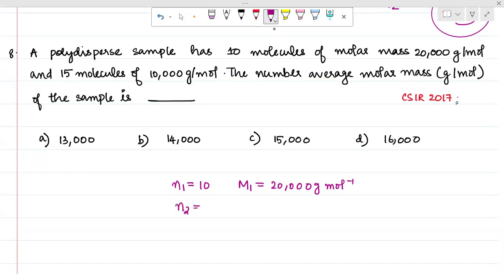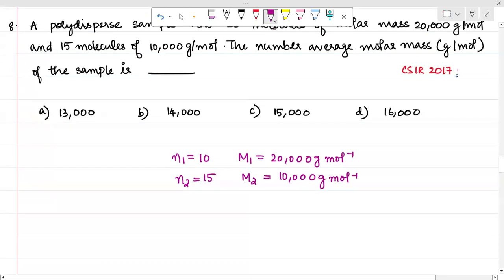So N2 is 15 and M2 is 10,000 gram per mole. The number average molar mass in grams per mole. So already the units are given in grams per mole. The answer they have asked is also in grams per mole. So no need of any unit conversion.